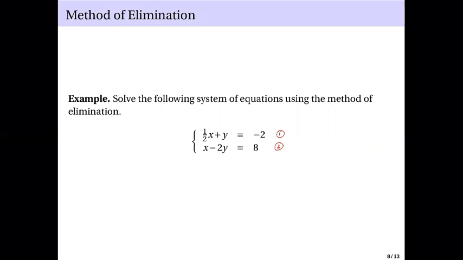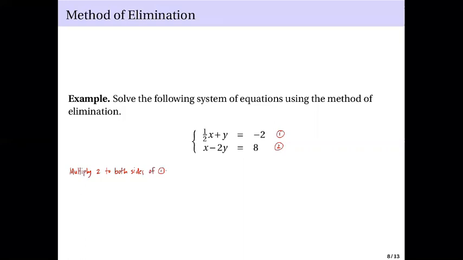To understand the method better, what we're going to do here is multiply 2 to both sides of equation 1. Meaning, if I multiply 2 on the left hand side, I have to multiply 2 on the right hand side so that I am not changing anything to the equation.